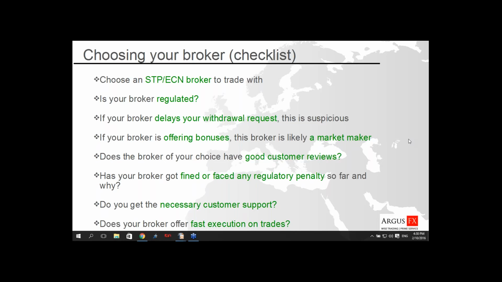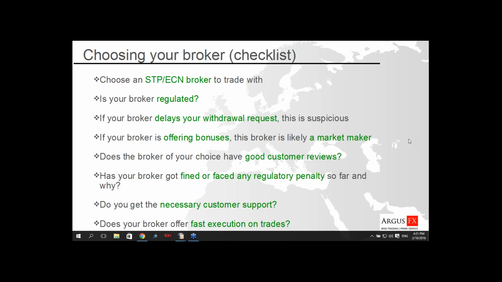I want to withdraw, let's say, $500, and maybe my broker delays with different types of arguments, like: trade more, you have to do this, we have these issues. Do not accept any delay in your withdrawal request. Withdraw your funds at the right time and when you want, because you are the client, you are the trader, you have every right to withdraw your funds.